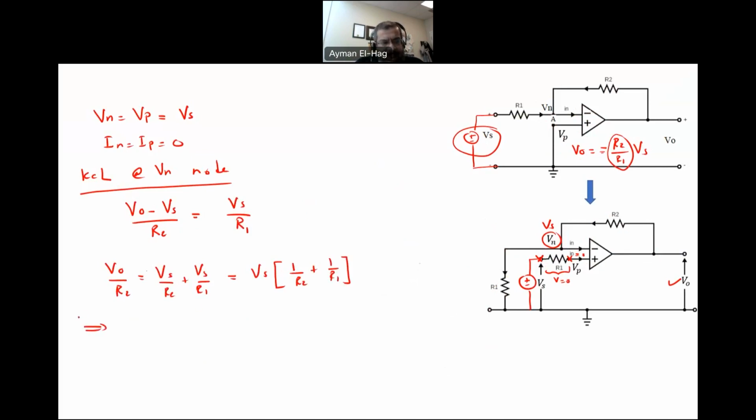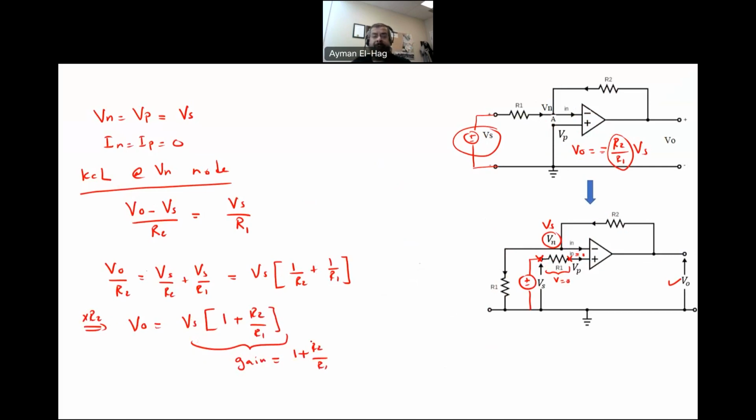Let's multiply everything by R2. Then your Vout is equal to Vs times 1 plus R2 over R1. And this is the gain of your non-inverting amplifier, 1 plus R2 over R1.